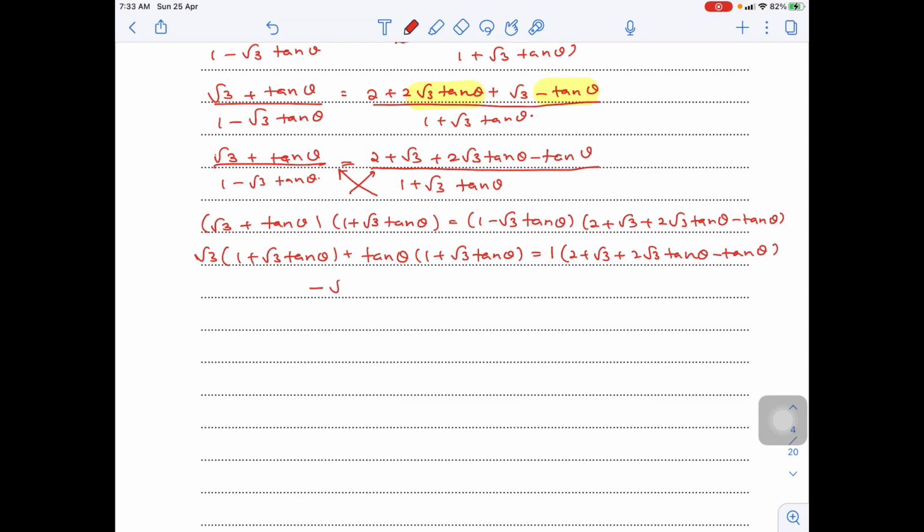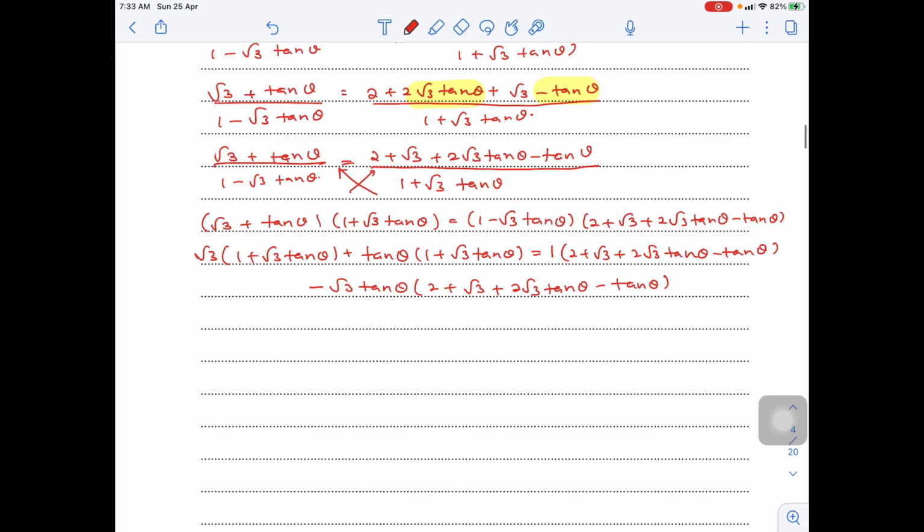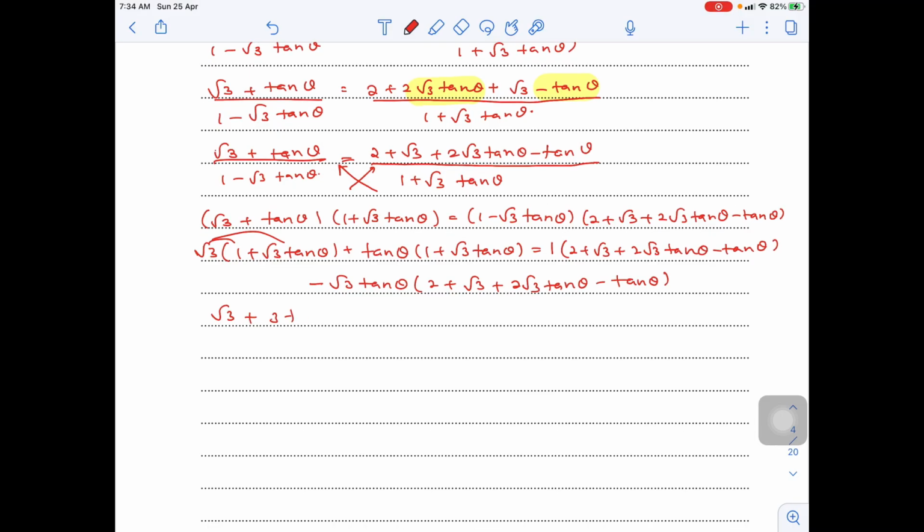On the right, 1 times (2 + root 3 + 2 root 3 tan theta - tan theta), minus root 3 tan theta times the same bracket.